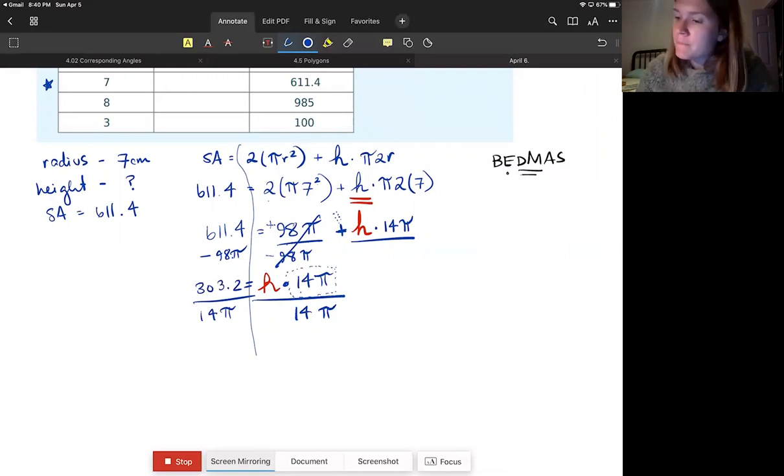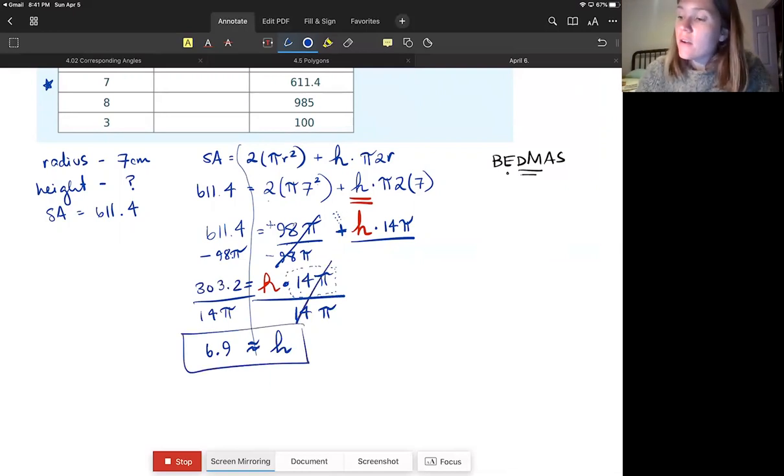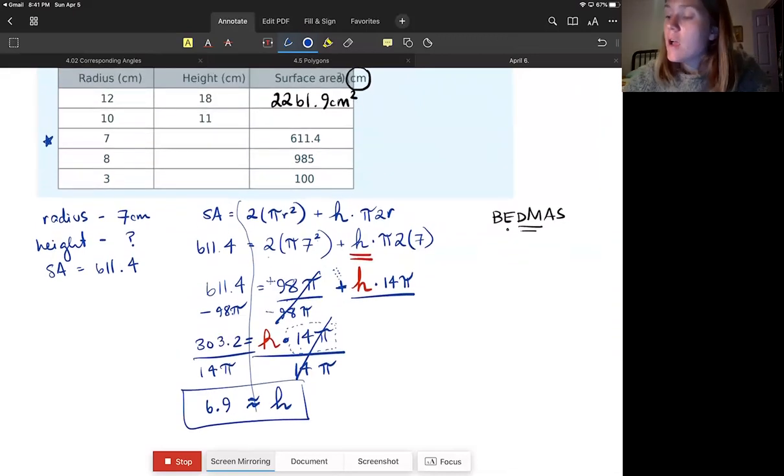And it gives me 6.89, but I want it to the tenth place, so just 6.9. Some squiggly lines because it's not perfect, but that equals h. So now, my surface area is in centimeters squared. My height is just in centimeters, so it's 6.9 centimeters.